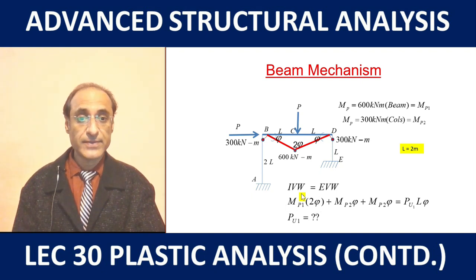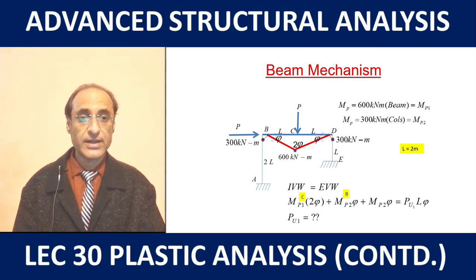For example, at location C we have to take 600 kN, or MP1, and at other locations we have to take 300 kN, or MP2, and accordingly the thetas are also different. At B and D we have the rotation phi, and at C it's double. By doing this calculation we find the value of the failure load as 900 kN.